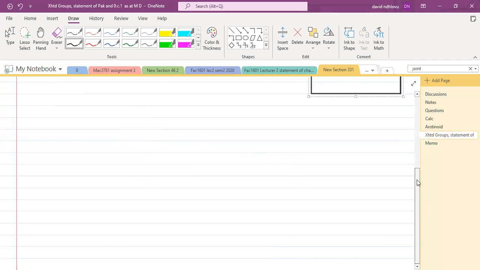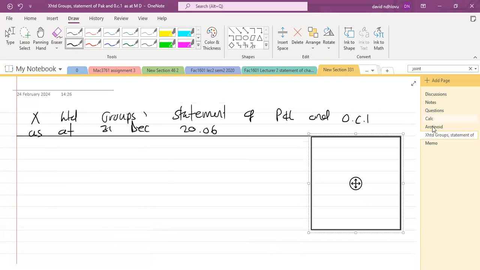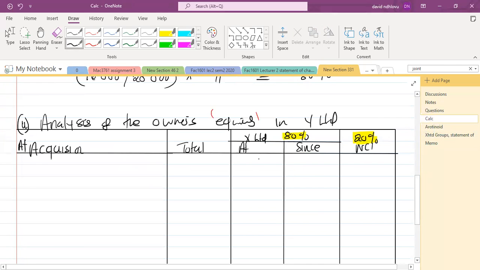Right, so once we have the percentages, here we start with 100%. We need to go to the question and look at share capital. We look also for retained earnings.